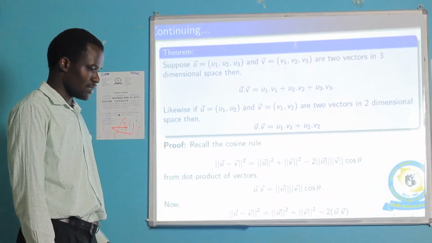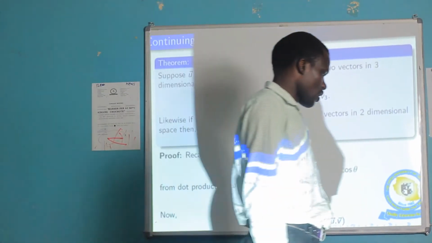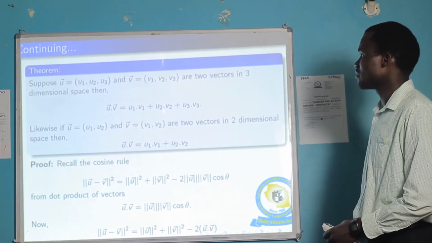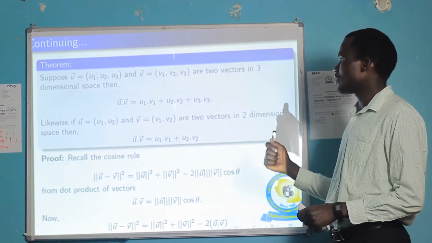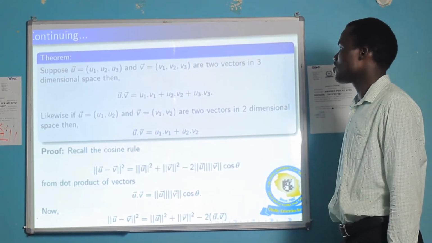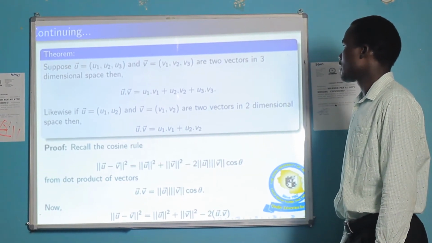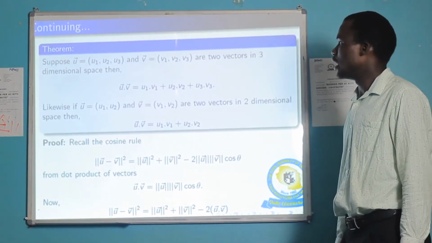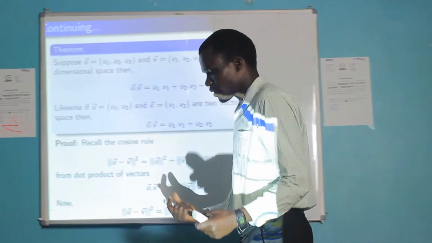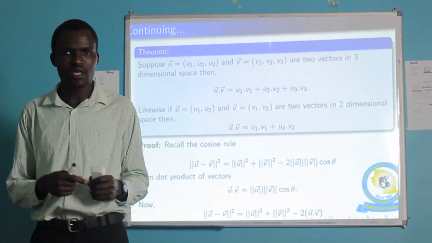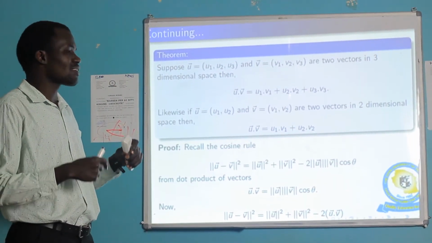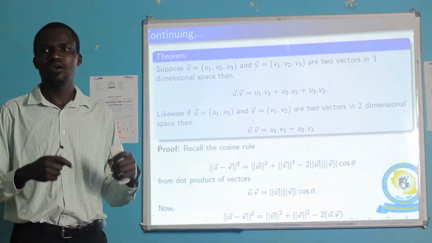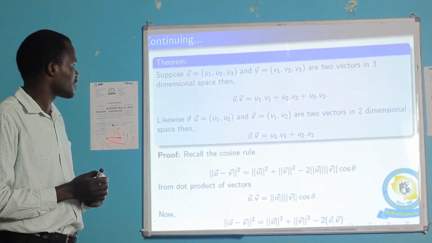Dear students, let's see this theorem. This theorem states that suppose we have two vectors u and v, and the two vectors are in three-dimensional space. Then the dot product between these two vectors is just the sum of the multiplication of the corresponding components of the two vectors.